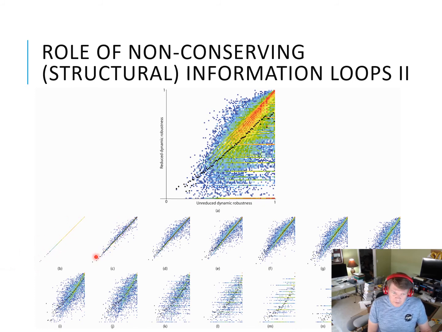If one of the nodes becomes frozen, then we have a dynamic core which has one less node than the original network. We have that pattern here, and so on as we go through networks that have more and more frozen nodes, which also means smaller and smaller dynamic cores.